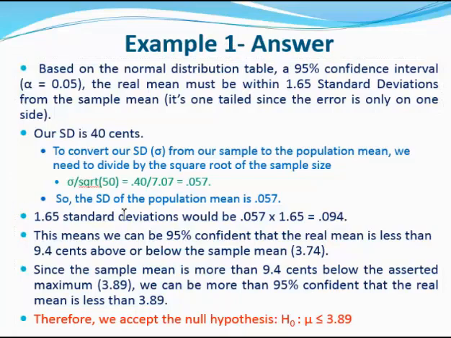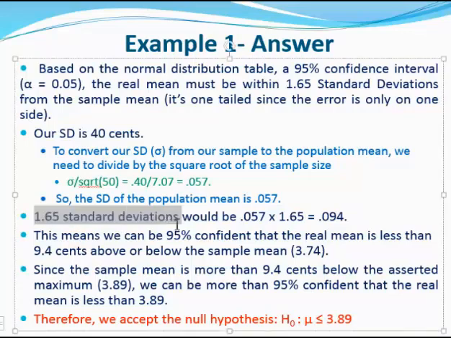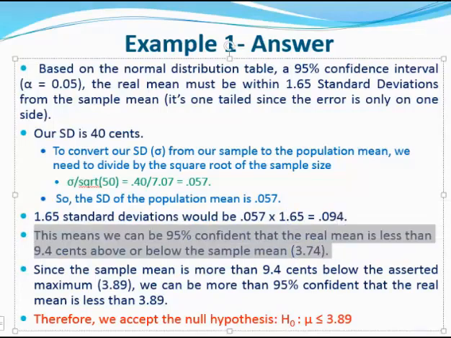The square root of 50 was 7.07. We figured, again, rounded, but it's close enough. 40 cents divided by 7.07 was 0.057, 5.7 cents. That's the standard deviation of the population mean. 1.65 of those was 9.4 cents, which means that we can be 95% confident that the real mean is less than 9.4 cents above or below the sample mean.